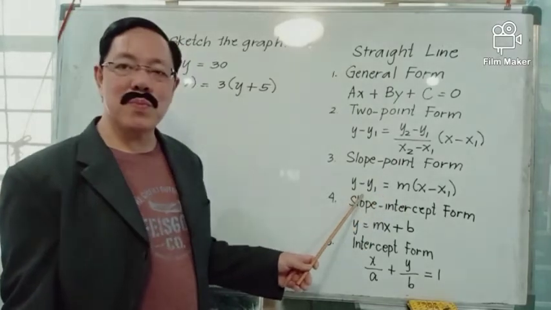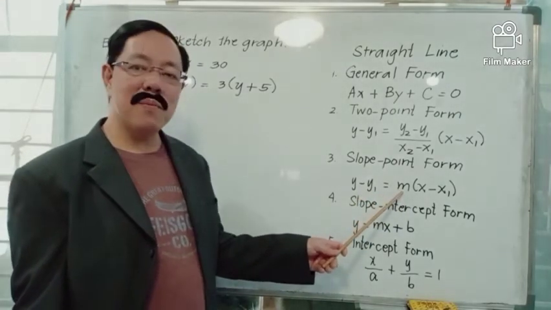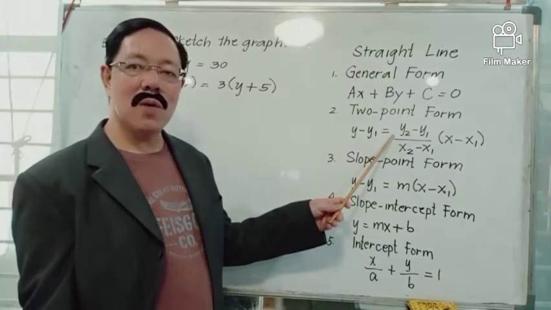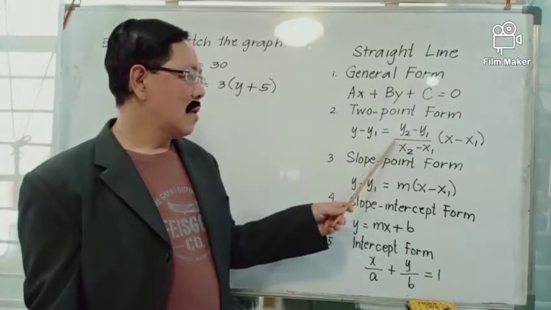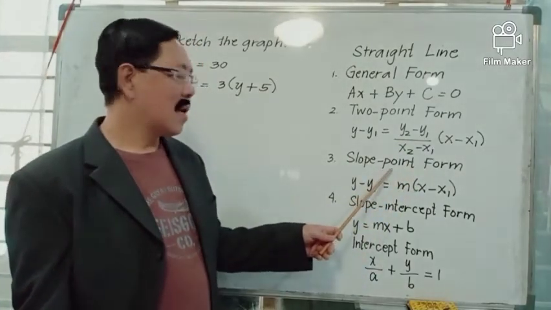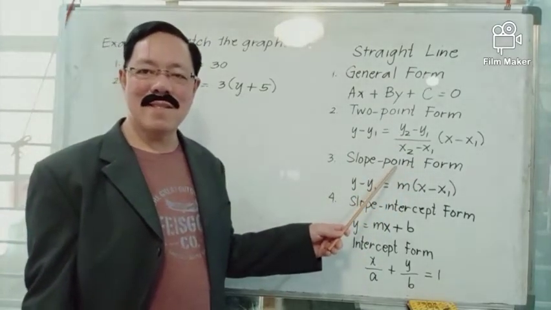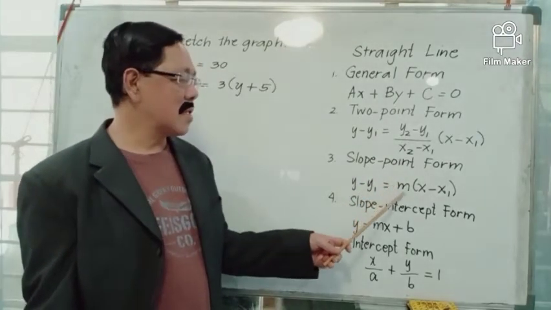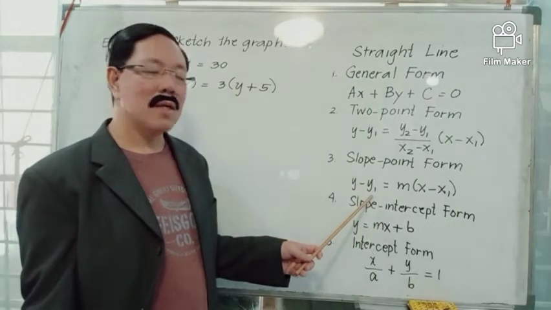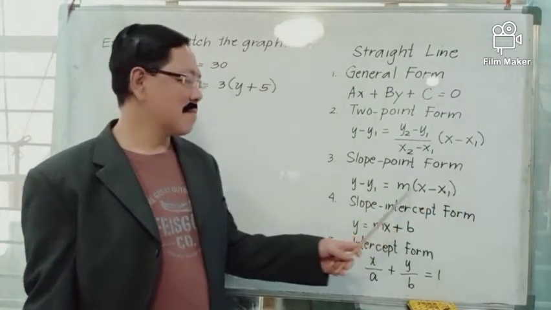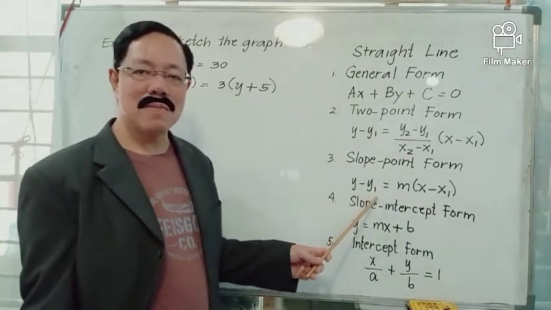This is the slope point form where m is the slope and m is equal to the ratio of y2 minus y1 all over x2 minus x1. And 1 point is needed to write the equation of a line in two variables x and y in the slope point form. The point has coordinates x1 and y1.